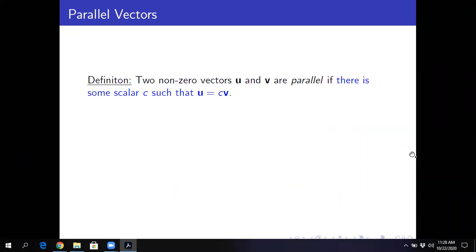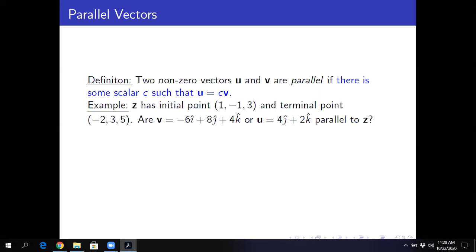Okay, here we go. So two vectors are parallel if one is a scalar multiple of another. So z is a vector that has initial point (1, -1, 3) and terminal point (-2, 3, 5). And then I give you a couple of vectors written in IJK form.